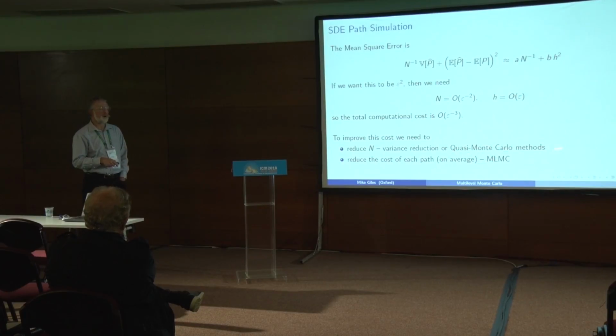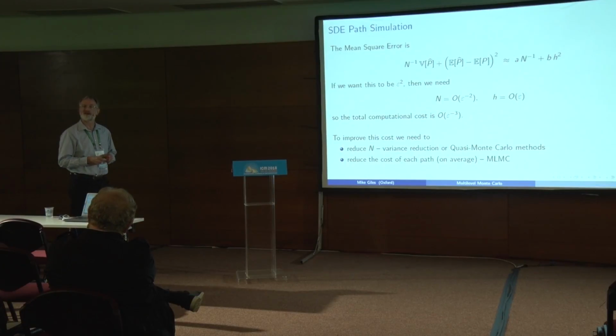Or we can use quasi Monte Carlo methods. So rather than truly random numbers being generated, they're being constructed in a very systematic way that provides a more uniform coverage of the probability space. And the consequence of that is that this exponent 2 can be reduced. And in the best case, you get close to epsilon to the -1.